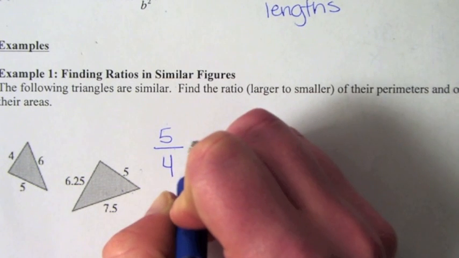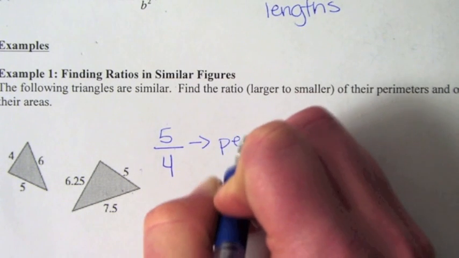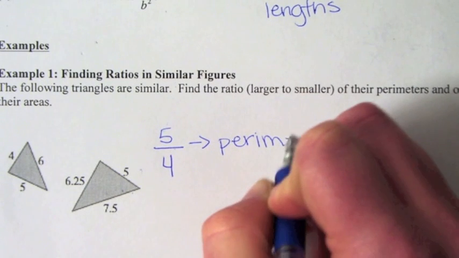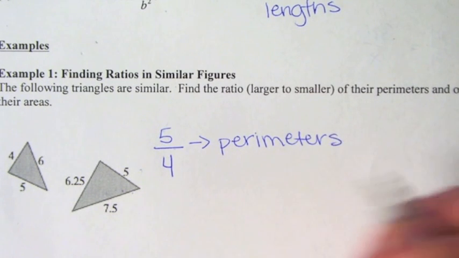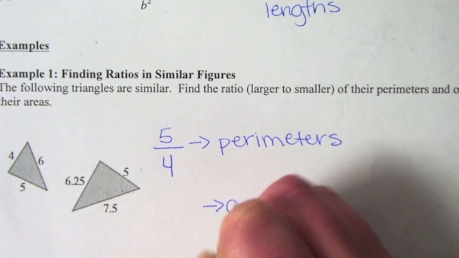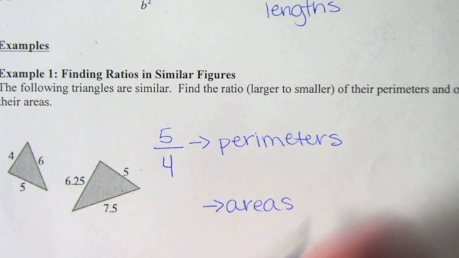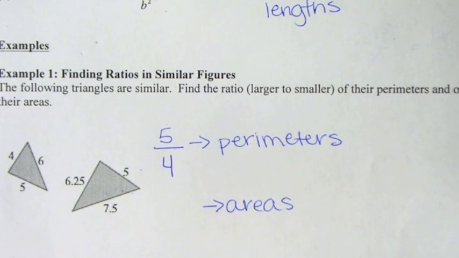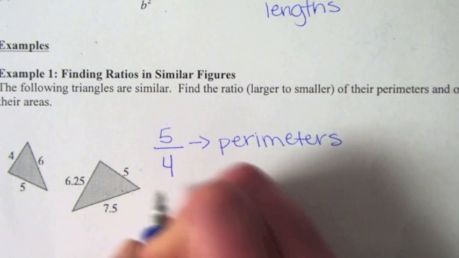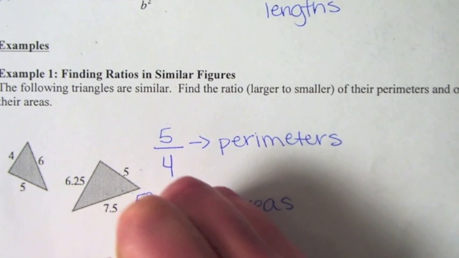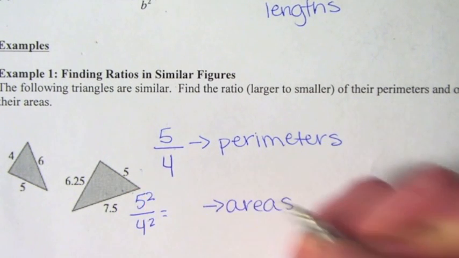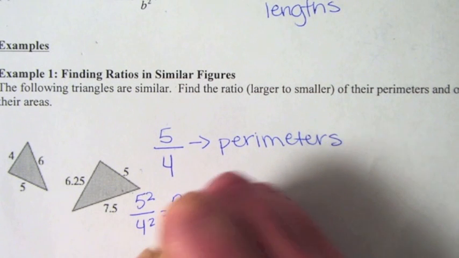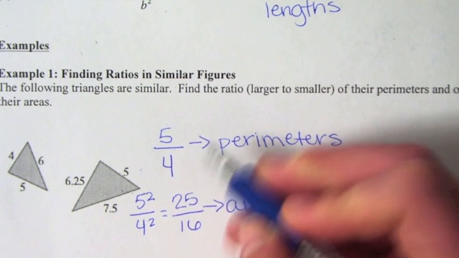Okay, so the ratio of perimeters is 5 to 4. And what do you think the ratio of areas is going to be? It should just be 5 squared over 4 squared, which is equal to 25 over 16.